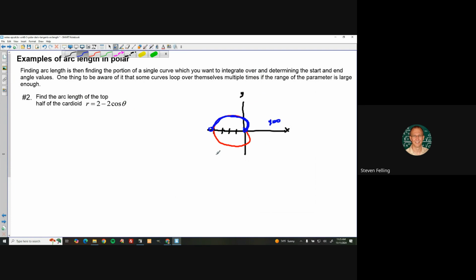So if I say y has to be 0, and y is r sine theta, and the r is given by 2 minus 2 cosine theta times sine theta, then for this to be true, either the sine of theta is 0, or this 2 minus 2 cosine theta is equal to 0, which would be 2 cosine theta equaling 2, which would be cosine theta equaling 1.